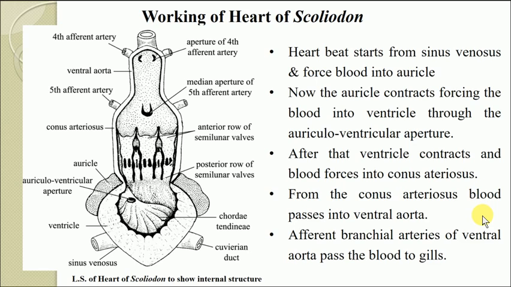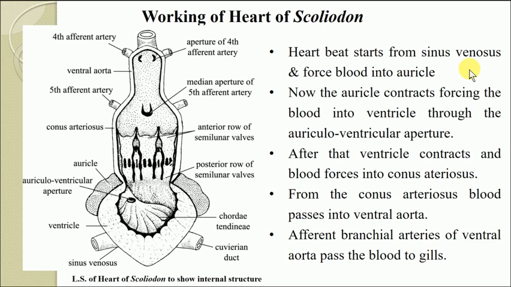Now the heartbeat obviously starts with the sinus venosus. We have seen the sino-auricular valve, which acts as a pacemaker in the case of the heart of Scoliodon, from which the wave of rhythmic contraction is initiated and then spreads over the sinus venosus by contracting its walls.